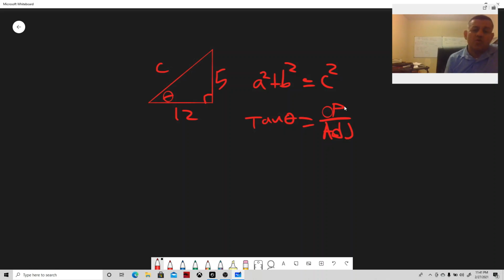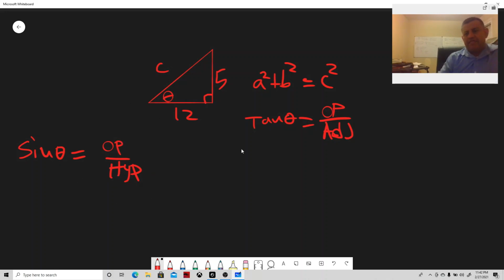But let's say that you want to use sine of theta. Sine of theta is equal to opposite over the hypotenuse. To use this formula to find the angle, we need to find the hypotenuse.